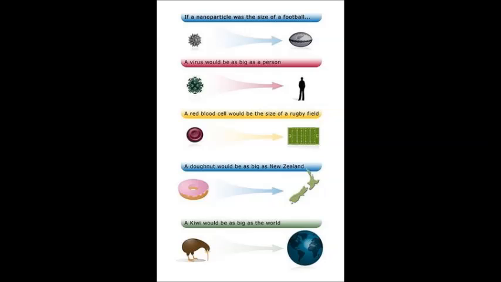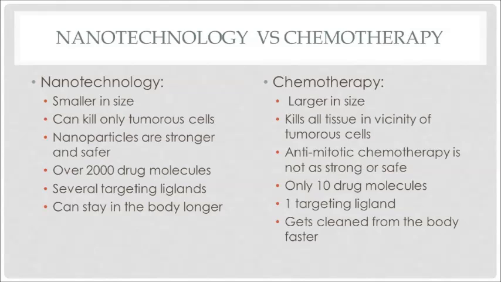The nanoparticles can also target tumorous cells, so they specifically kill the cancer cells. While in chemotherapy, there's no differentiating between the healthy cells and the tumor cells, so all the tissue in the vicinity will be killed by the drug, which makes the nanoparticles just safer for the patient overall.